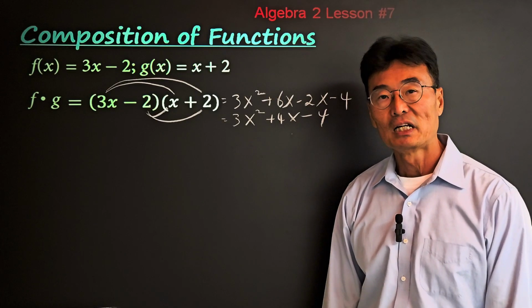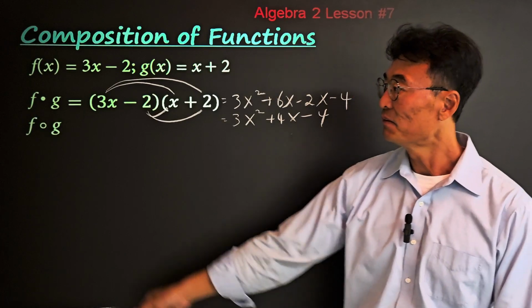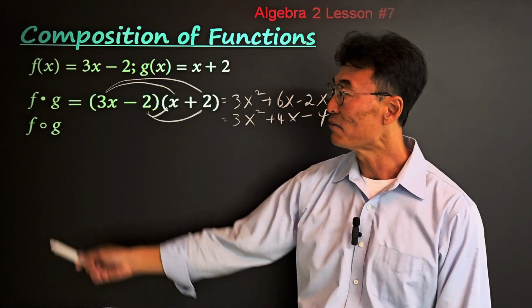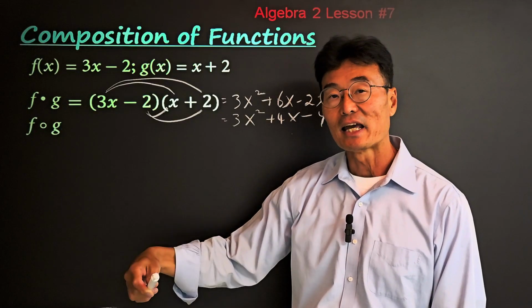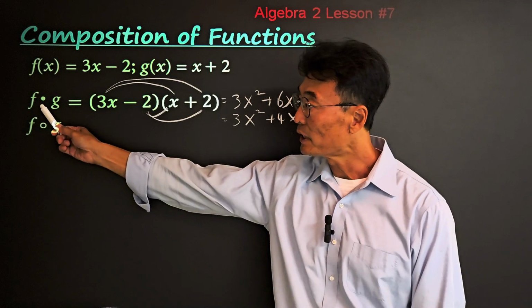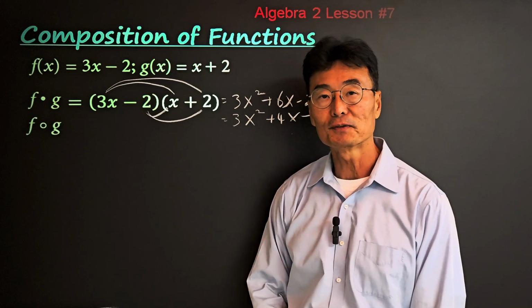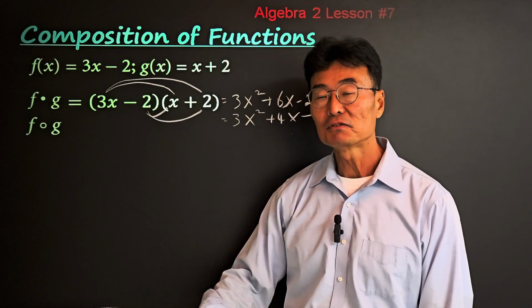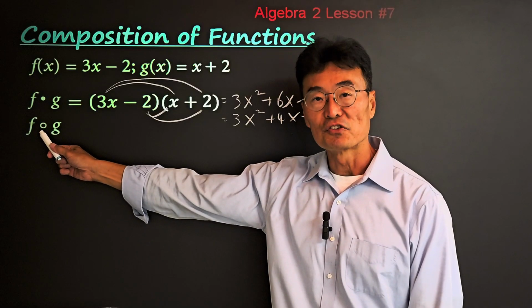However, if we have f of g, the difference between f multiplied by g and f of g, the composite function, is that when we multiply, notice it's a closed circle, whereas when we're doing the composite function, or f of g, it's an open circle.